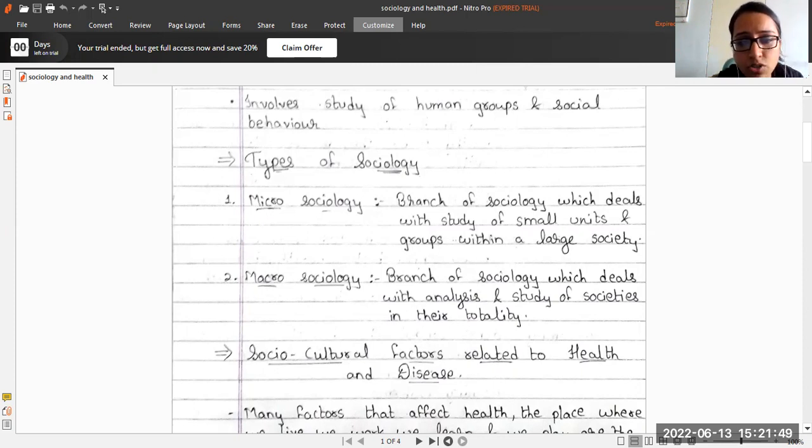Here, the large society is divided into minute small groups, and these groups are studied, and this sociology will be related to health, as it affects health. Macrosociology is the branch of sociology which deals with the analysis and study of societies in their totality. Here, the entire society is studied.